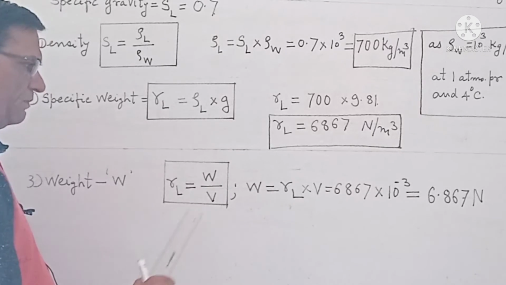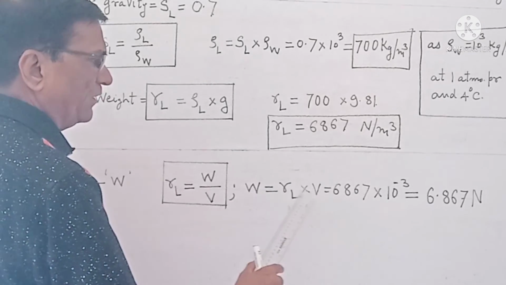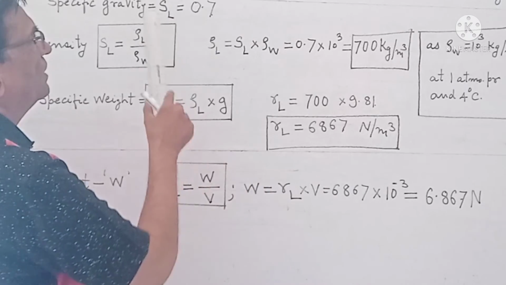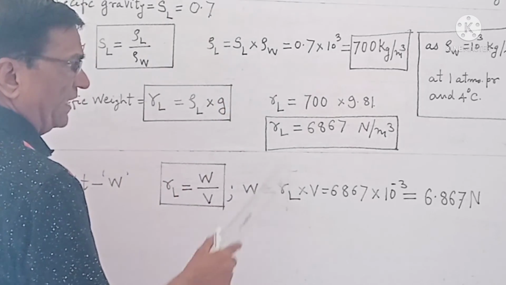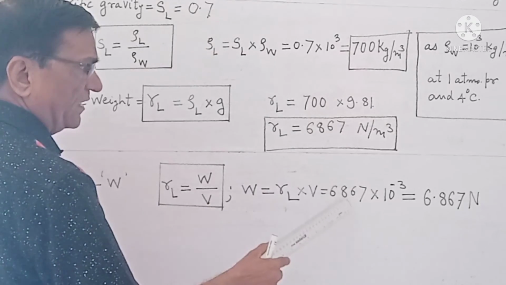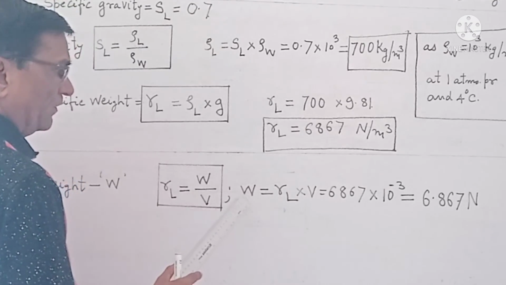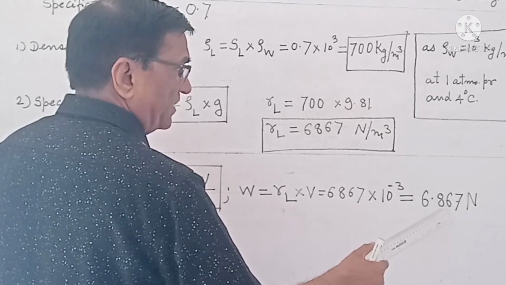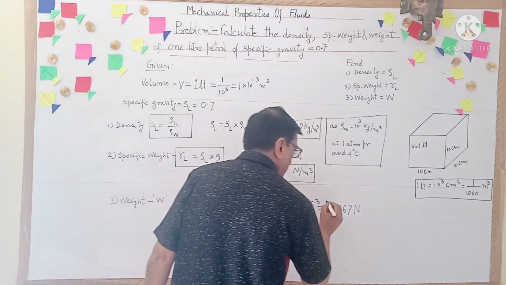From mathematical transformation, we can write this formula as W is equal to gamma L into V. V is the volume, that is equal to 10 raised to minus 3, and gamma L that we have already calculated, that is 6867. Putting the values of gamma L and V, the weight of liquid comes out to be 6.867 Newton. This is the answer.